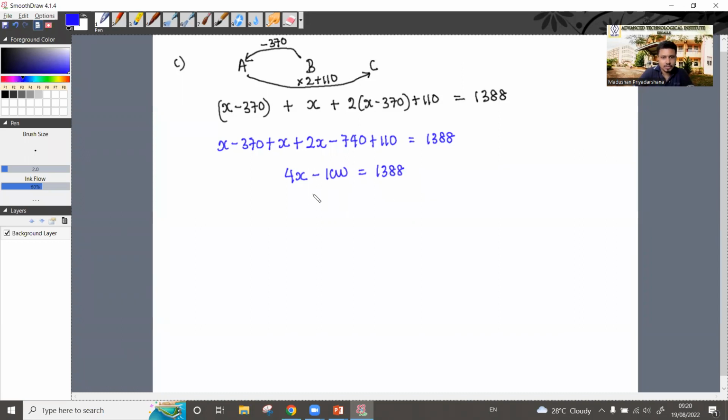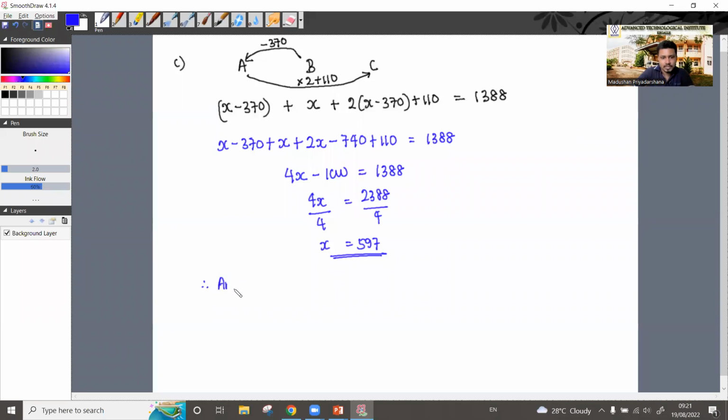So take this 1000 to the other side, then 4x will be equals to 2388. Divide both sides by 4. Therefore, x should be equals to what? 2388 over 4, that is 597.